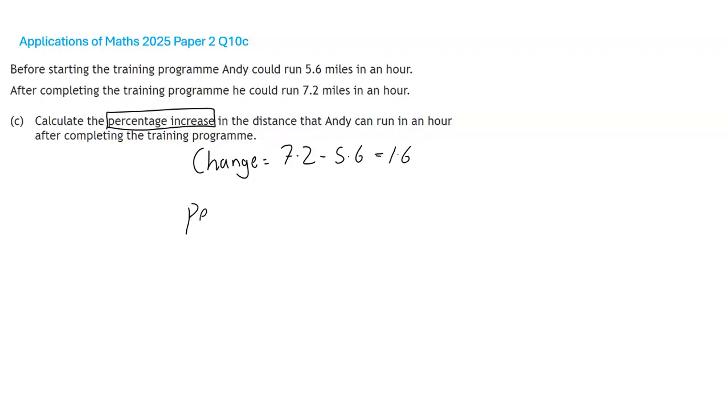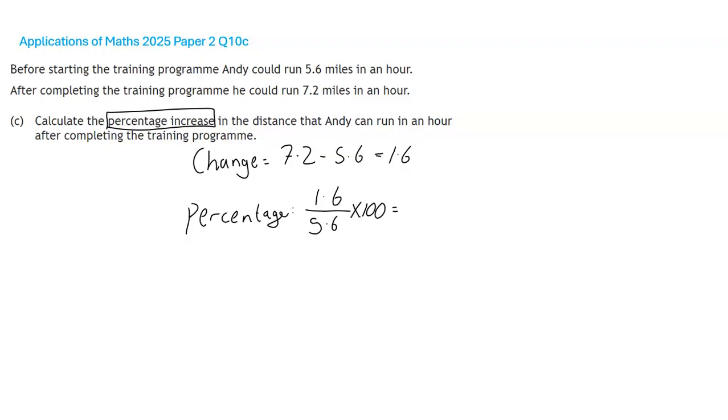Then I can get my percentage at that point. So in this case, it's the change, the 1.6, divided by the original. So look at the question. Before starting the program, you could run 5.6. So it's 1.6 divided by that 5.6, and then it's times by 100.